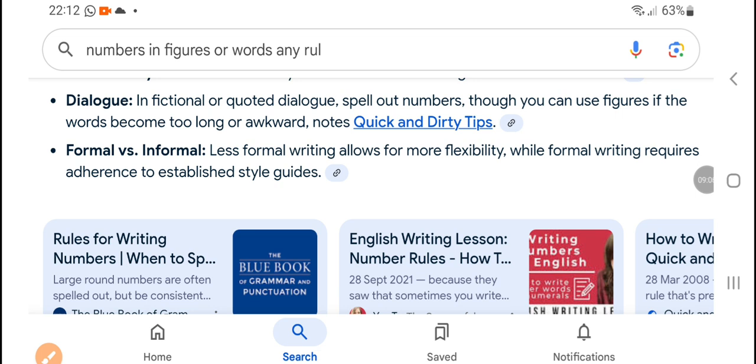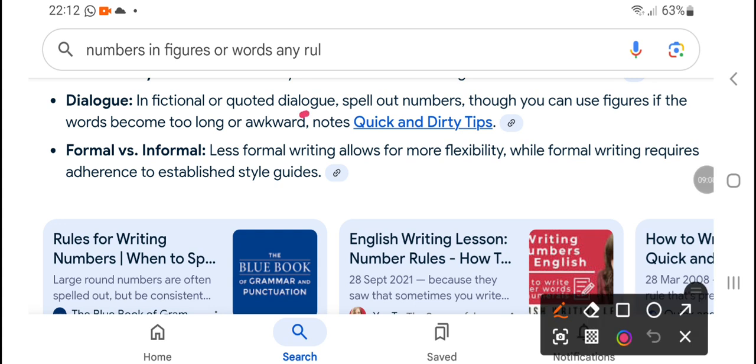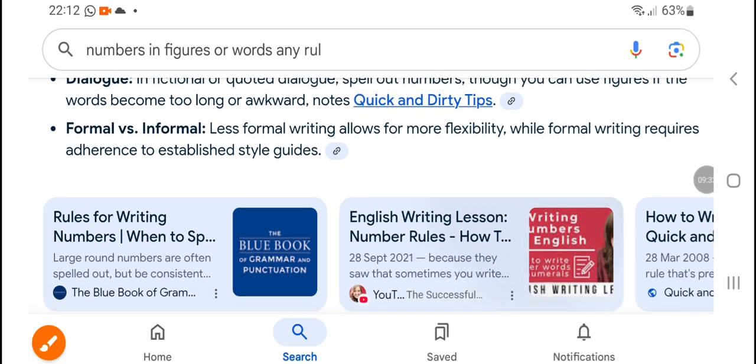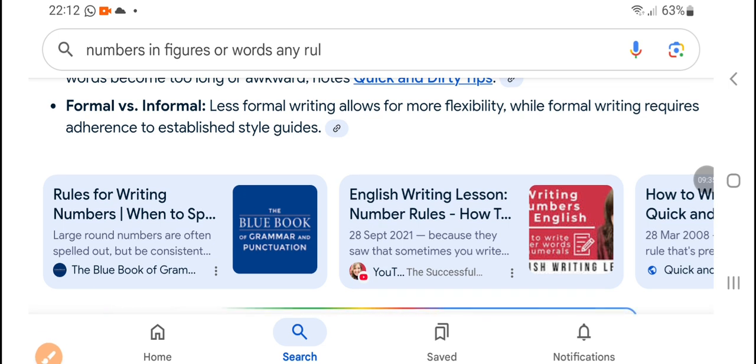For dialogues, for any literary work, we should spell out the numbers, though you can use figures if the words become too long or awkward. In the case of very long words or sentences, you can use figures, right?